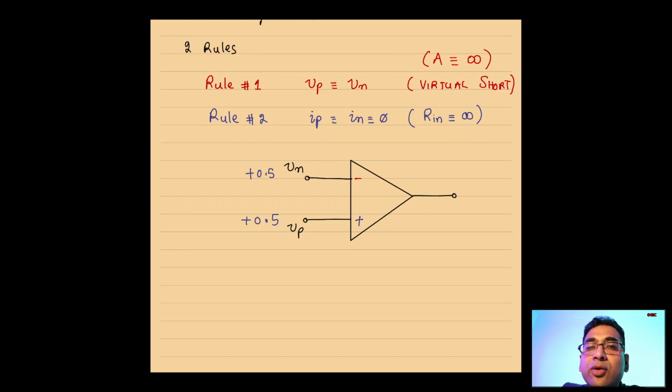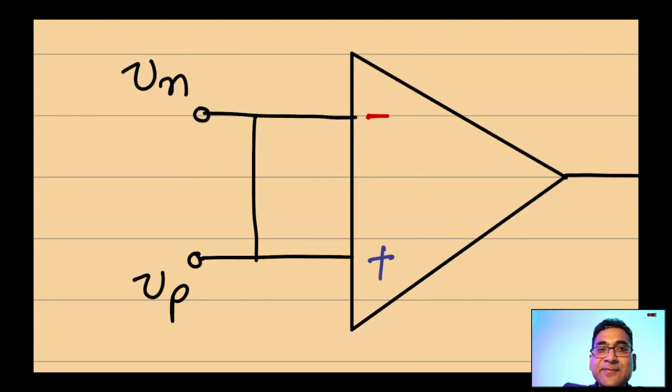When your open loop gain is really large and you make the op-amp operate in linear region, these two terminals are going to behave as if they're shorted together.